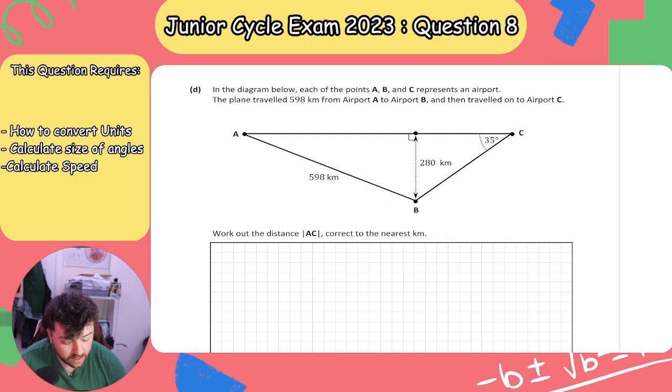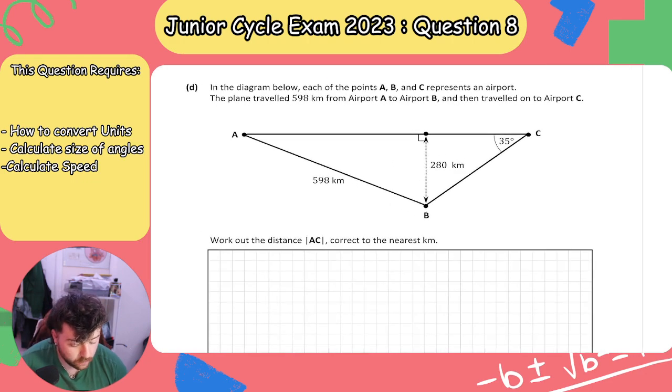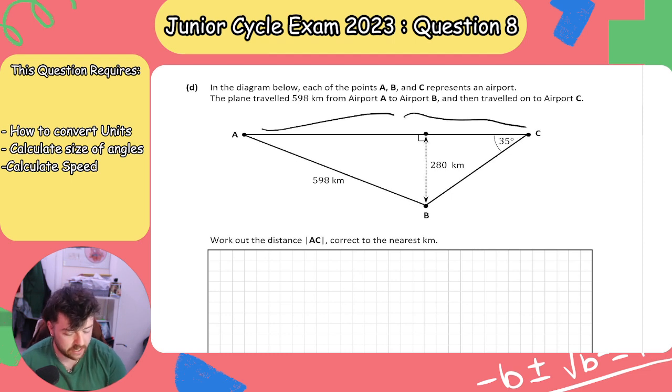Part D. In the diagram below, each of the points A, B, and C represents an airport. The plane travels 598 kilometers from airport A to airport B and then travels on to airport C. Work out the distance AC, correct to the nearest kilometer. So we want to work out this distance here.